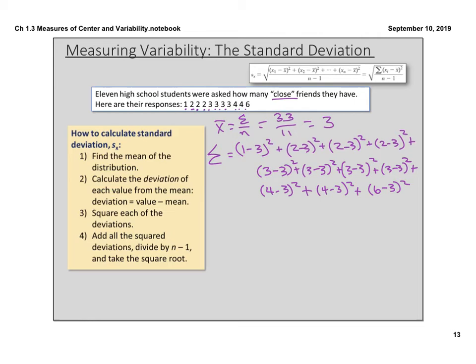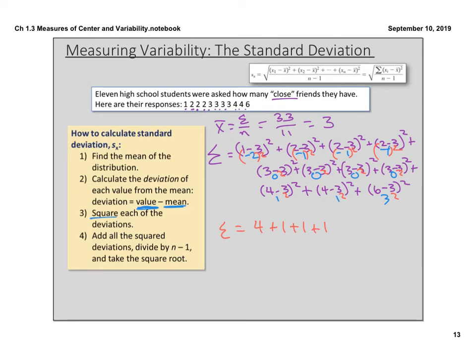So again, this is just taking the value minus the mean, and then squaring it. So I'm going to get a -2, a -1, a -1, a -1. These are 0, 0, 0, 0. That's a 1, that's a 1, and that's a 3. When I go through and square all of those, I'm going to end up with -2 squared, which is 4, -1 squared, which is 1, -1 squared, which is 1, -1 squared again, which is 1.